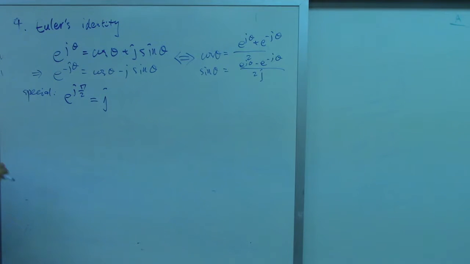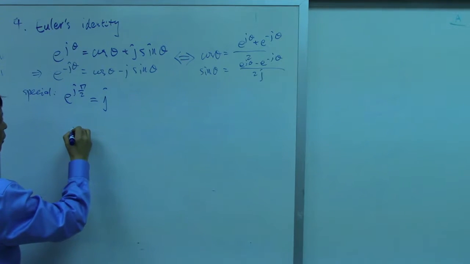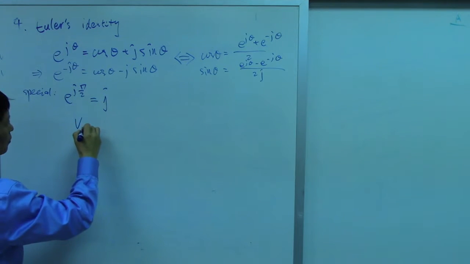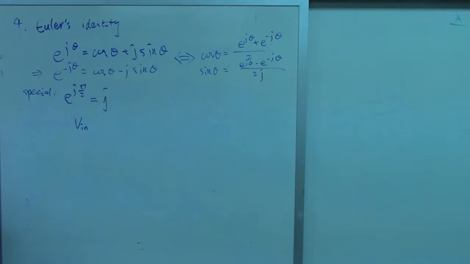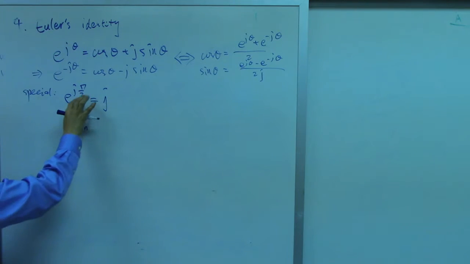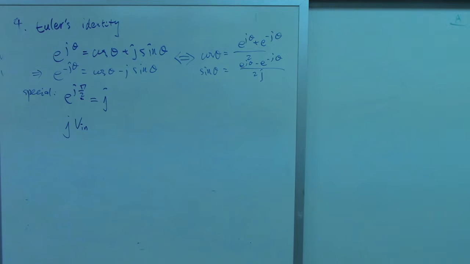How can we utilize this? If you have, for example, an input signal, and you just multiply it by j, that means you are going to change the phase of the input by 90 degrees. You add 90 degrees of phase to the input. So this is called a 90-degree phase shifter. So you multiply by j, that means you add a 90-degree phase to it.